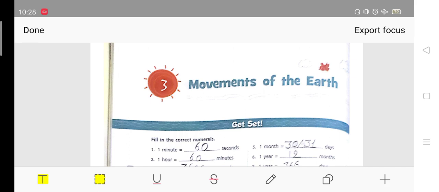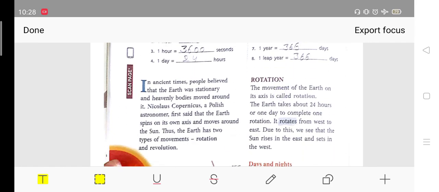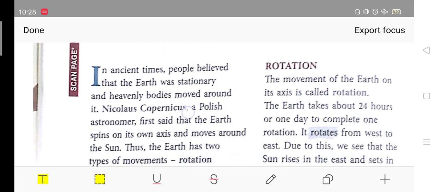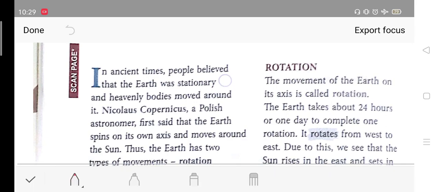So now I'm starting the chapter here. In ancient times, people believed that the earth was stationary. That means the earth did not move and was fixed in one position, and heavenly bodies moved around it.